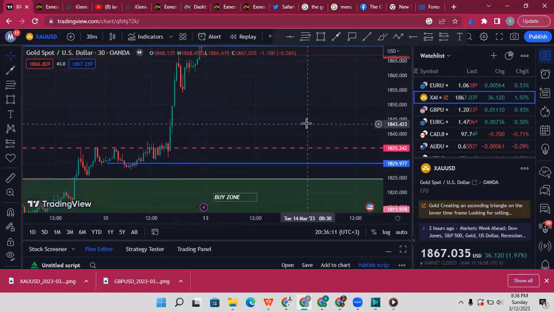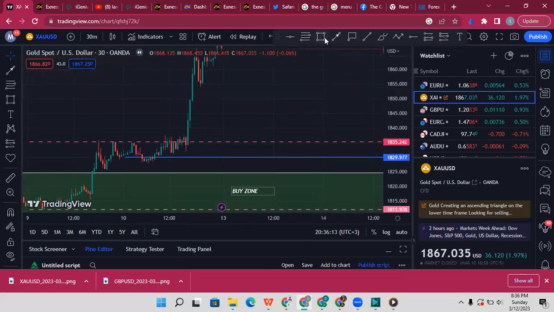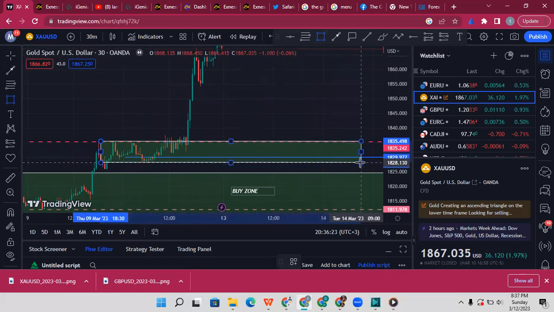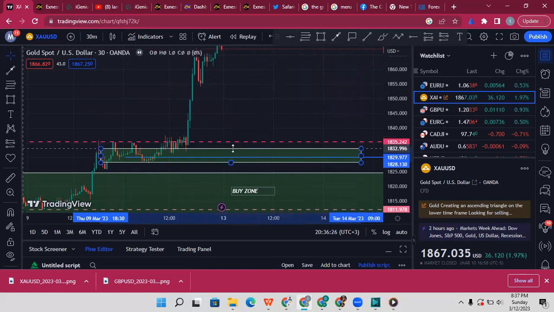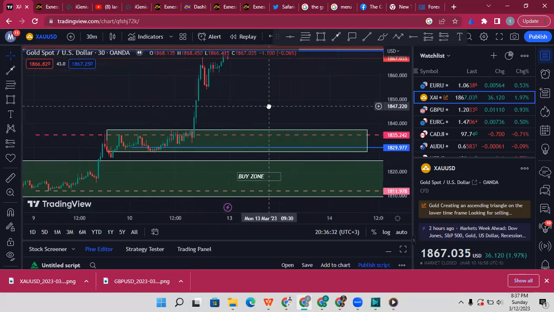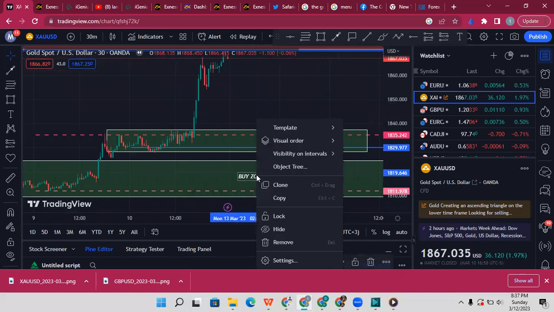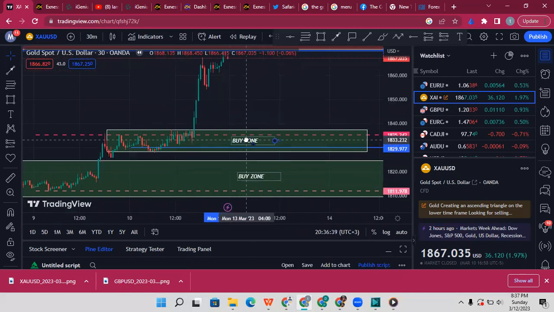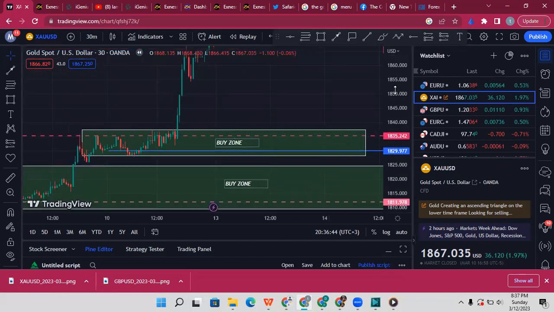On the 30 minutes time frame, I'll be able to look at this as a buy zone also. Buy zone.